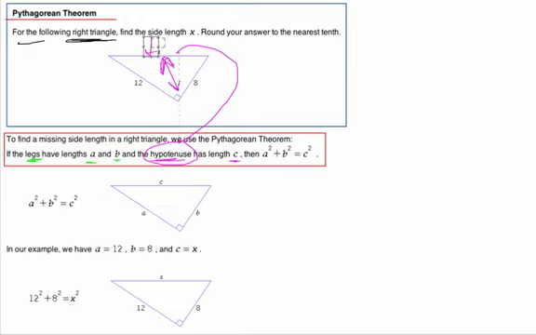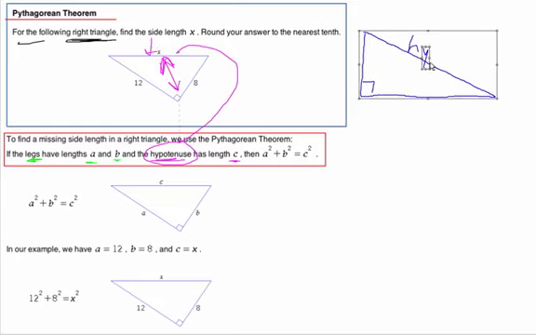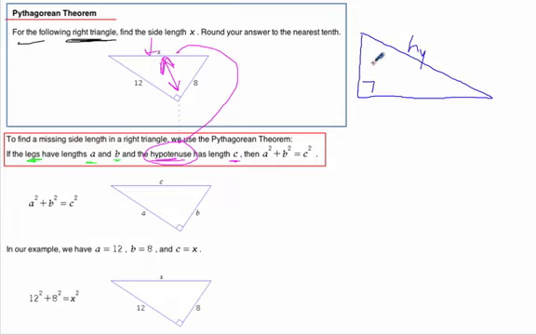If we look at another example of a triangle, let me draw one over here. If we draw a right triangle like this, here's the hypotenuse, because it's across from the right angle.